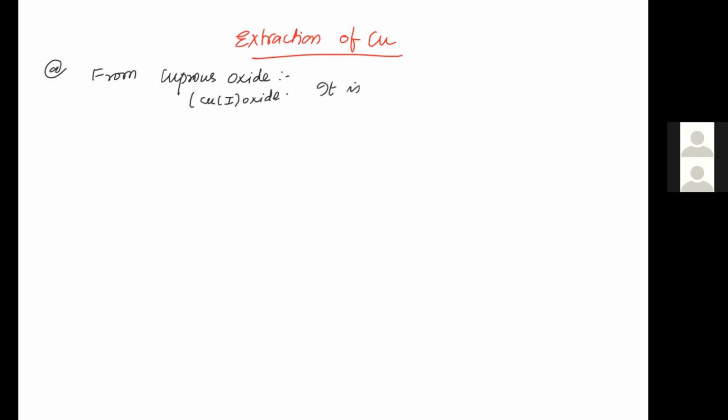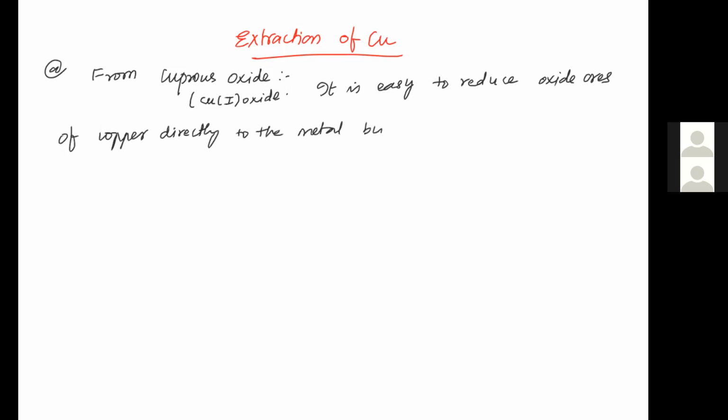It is easy to reduce oxide ores of copper directly to the metal by heating with coke.